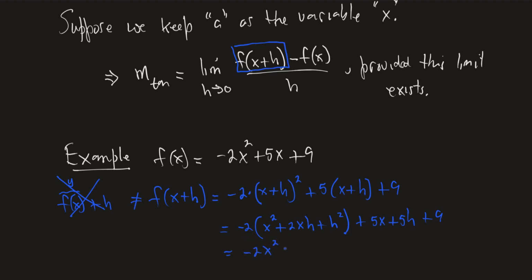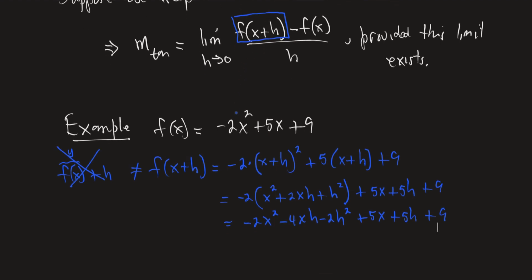Negative 2x squared minus 4xh minus 2h squared plus 5x plus 5h plus 9. And you look at this and you're like, please let there be something in common, something that we can simplify. But none of these terms are like terms, so we just have to leave it as it is. So that's what just this part in blue is.